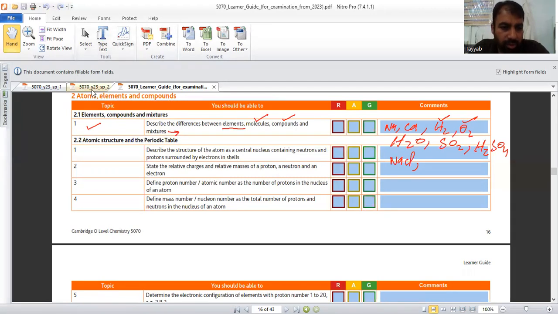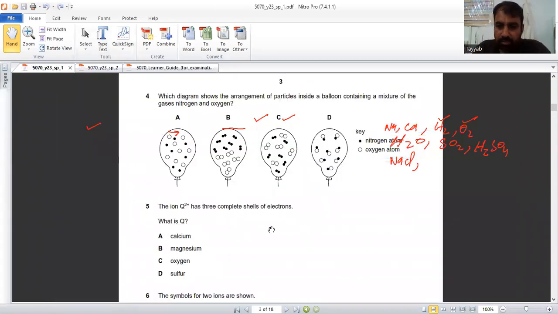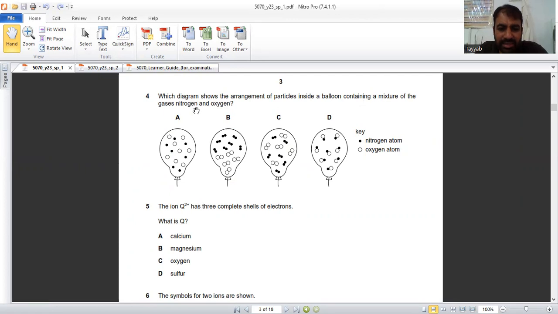If you see this exam specimen paper, in this balloon, he is asking which diagram shows the arrangement of the particles inside a balloon containing a mixture of the gases nitrogen and oxygen.